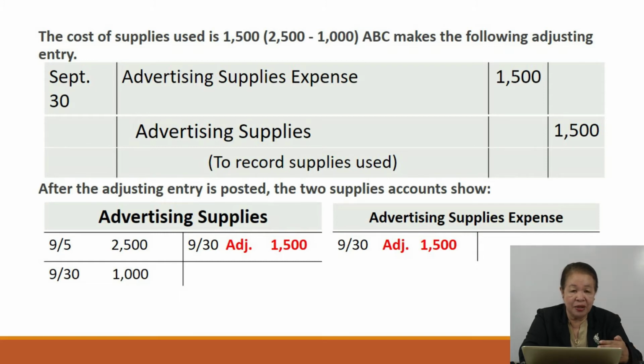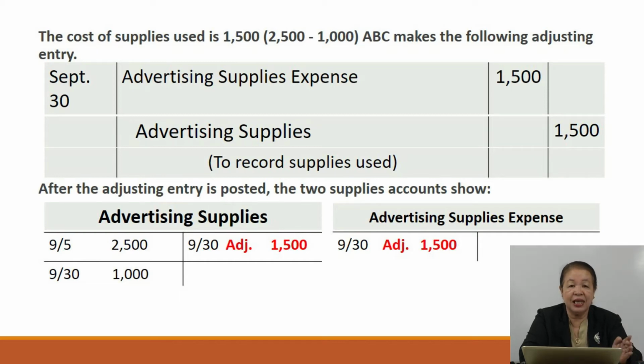Kasi September 30 po yung date na nandito sa sample natin. Debit advertising supplies expense, 1,500. Credit advertising supplies, 1,500. To record supplies used. No? So, ano yung supplies used natin? 1,500. So, ito na yung expense. Kaya, ang nakalagay dyan, supplies expense.